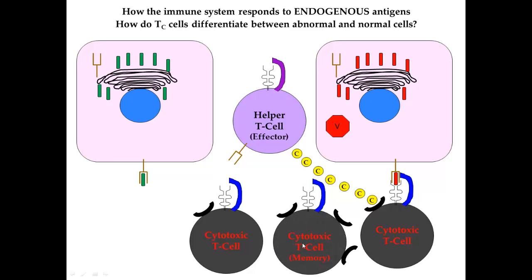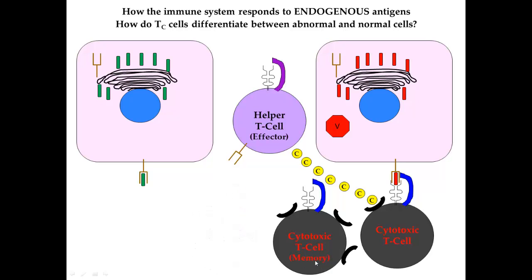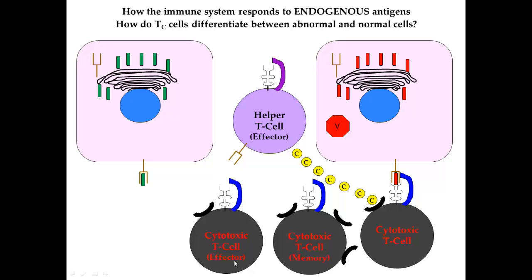Some of those cytotoxic T cells will differentiate into memory cells, and others will become effector cells. The memory cells will stay in circulation, and if they encounter another MHC1 complex with that antigen, they'll take effect. And again, you'll notice that these memory cells have more cytokine receptors on their surface. And this is what allows them to be so responsive.